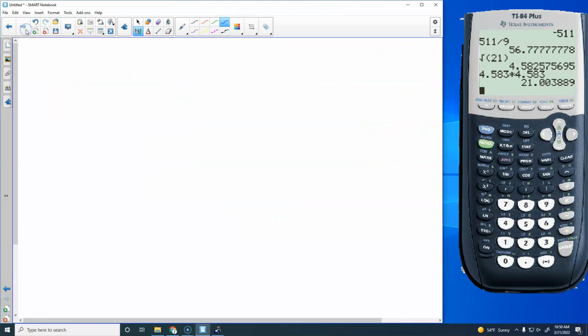All right. Let's try a different type. 6x squared plus 2 equals, let's see, 22.